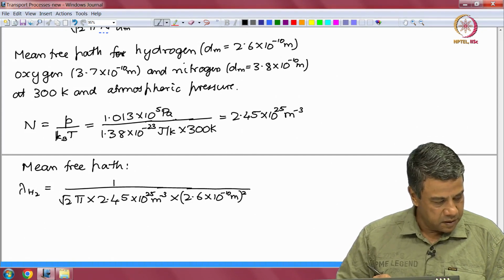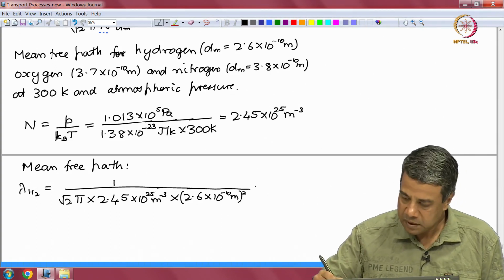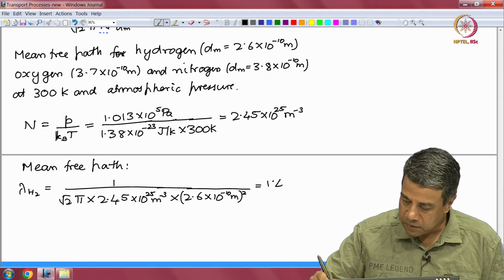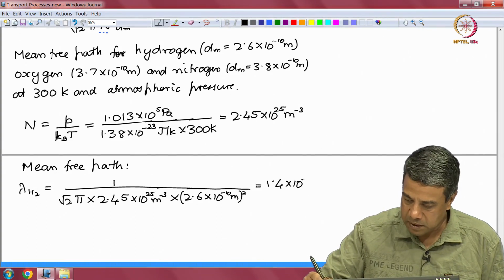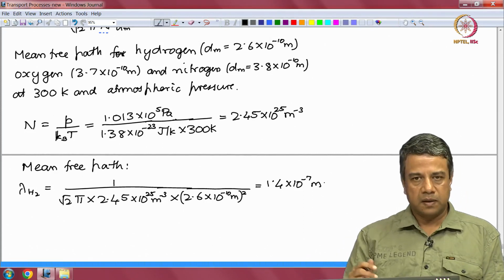And if you calculate this, you will get 1.4 into 10 power minus 7 meters.